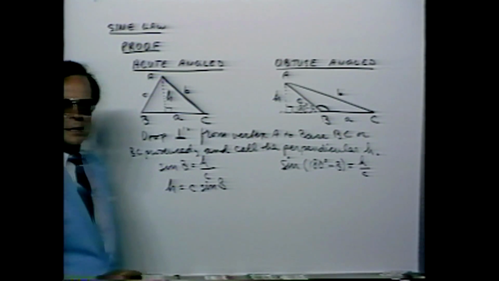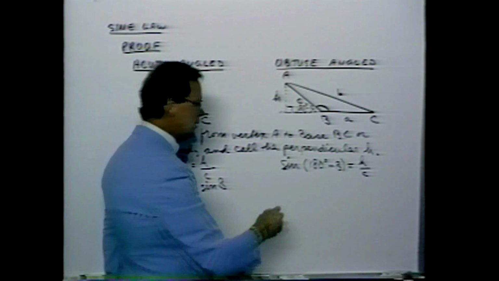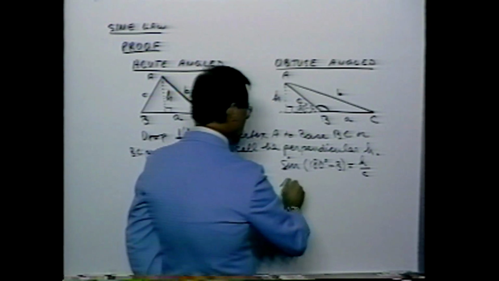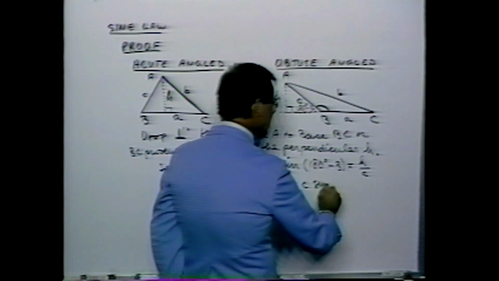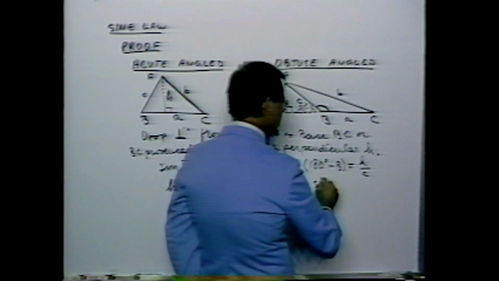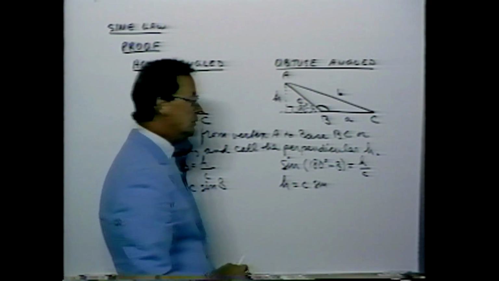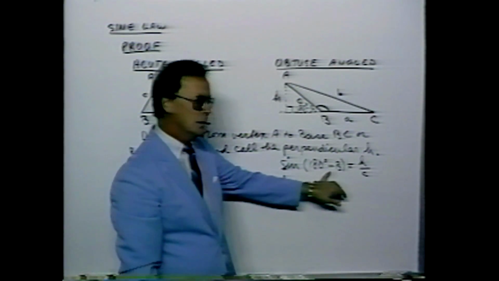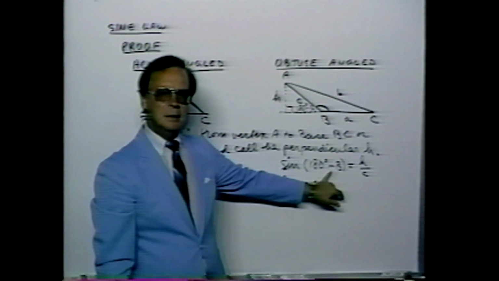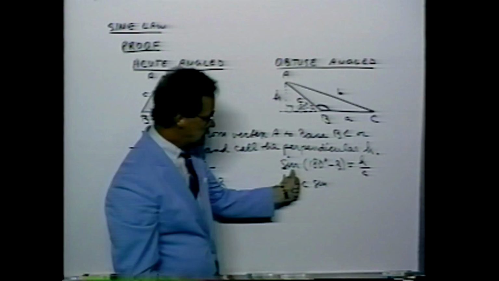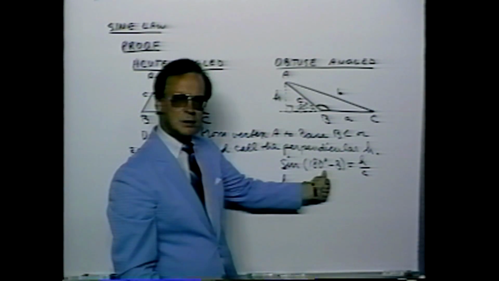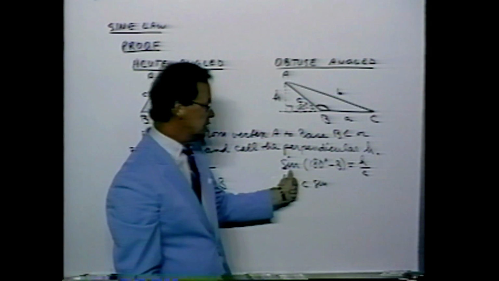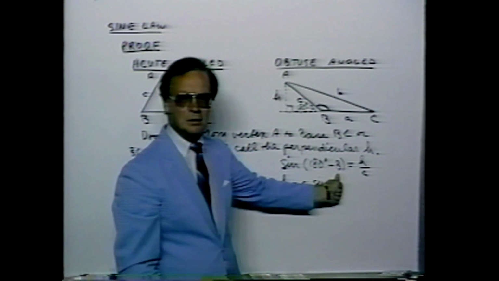If you do the same sort of thing with h over here, h is equal to c times the sine of 180 degrees minus B. But recall from an earlier tape, the sine of a second quadrant angle is equal to the sine of its related acute angle.